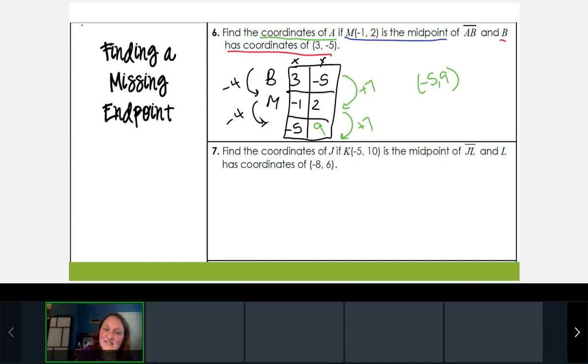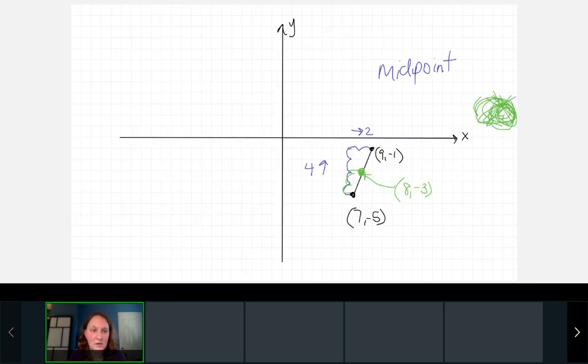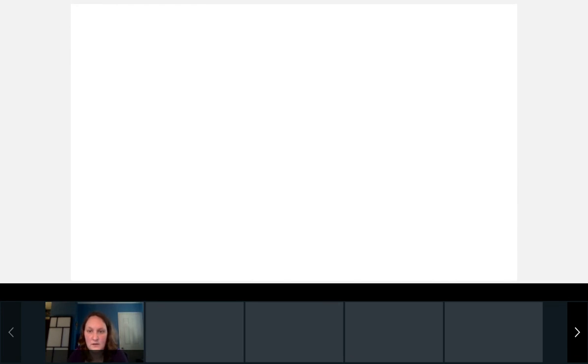Yeah, so that's my box method to finding a missing endpoint. If you want to use graph paper, so maybe that confused you a little bit, or my story of walking on a number line was just too drawn out, let's look at a graph, just in case the graph helps you better.